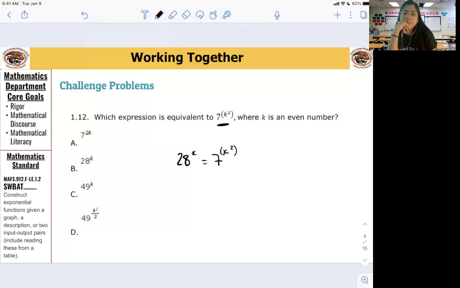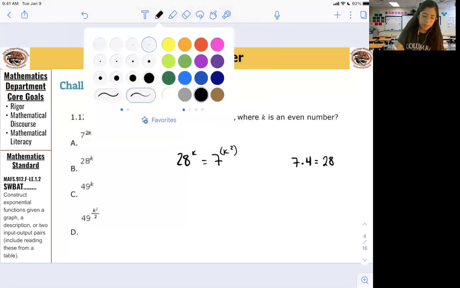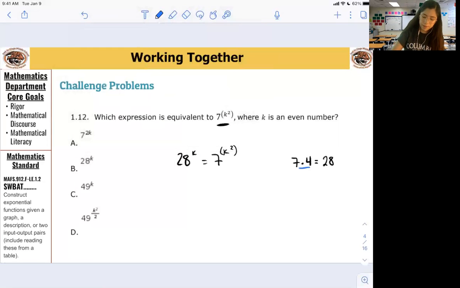You can multiply 7 by 4 to get 28. Yeah, they're both in the same multiplication family. Good. So 7 times 4 is 28. Okay. Well, let's just replace the 28 with 7 times 4, since they're equal. Okay, what do I do with this exponent?